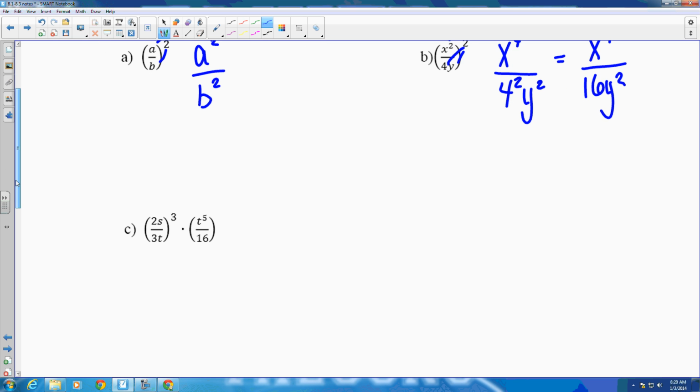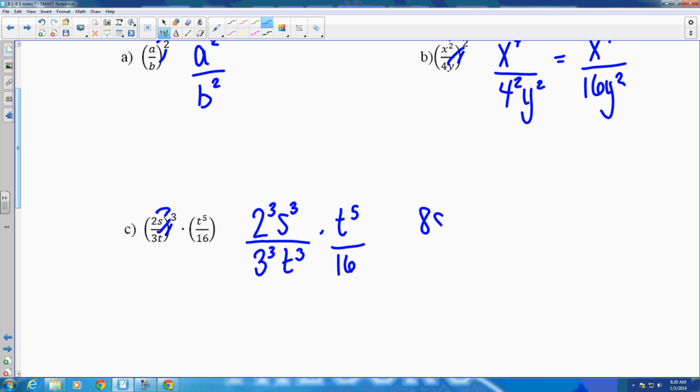C, we have to distribute before we multiply, so we cube everything inside that first one. 2 cubed, s cubed, over 3 cubed, t cubed, times t to the 5th over 16. We can combine everything. 2 cubed is 8, s to the 3rd, t to the 5th, over 3 cubed is 27, times 16 t to the 3rd.